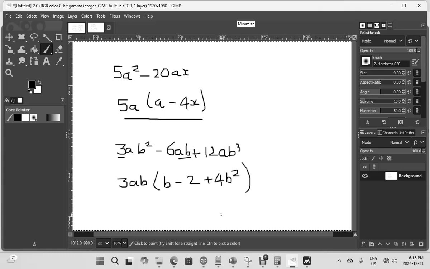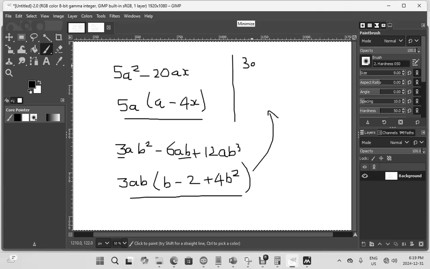All right, so again, this is the solution, and the way you can double check is by expanding it. To expand, you multiply whatever's outside the bracket with all the numbers and variables inside the bracket.